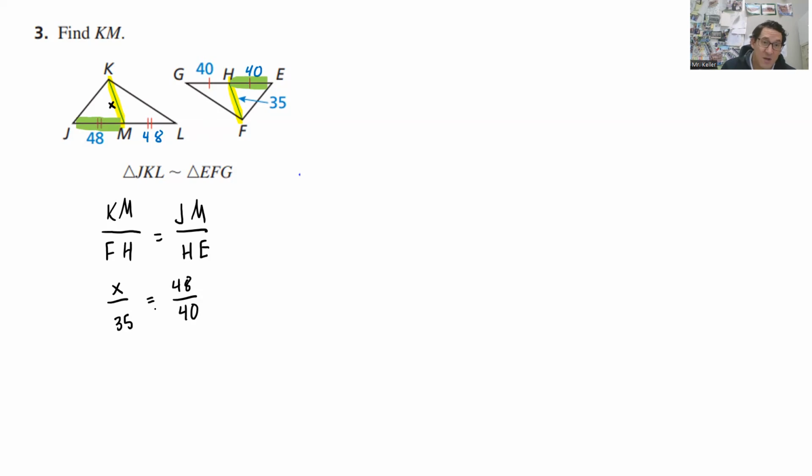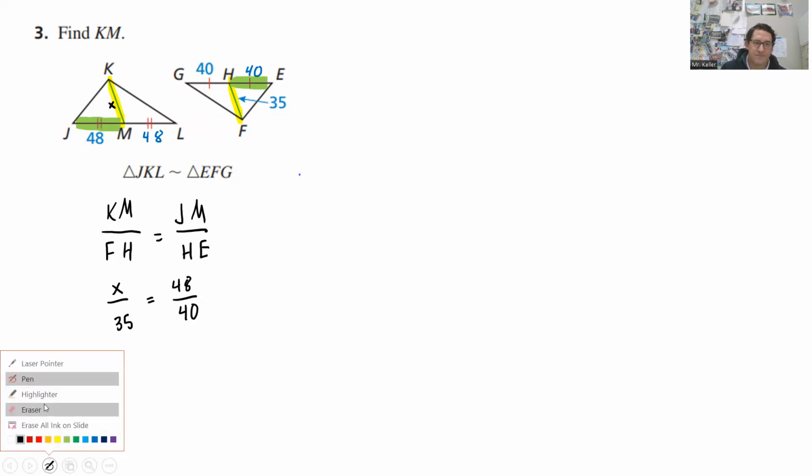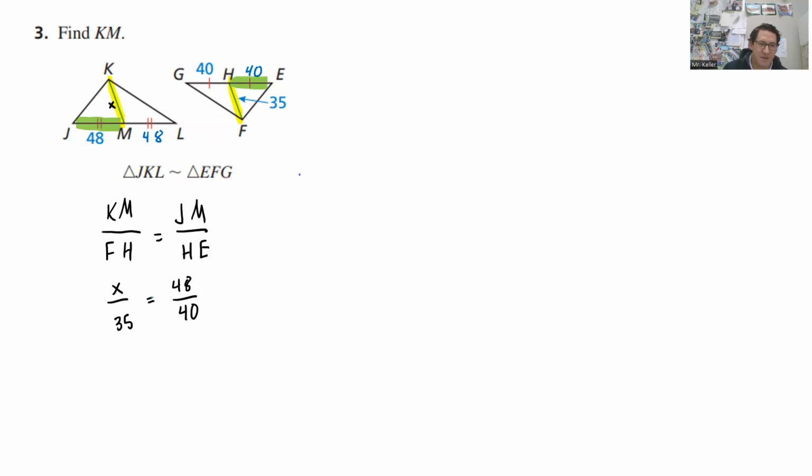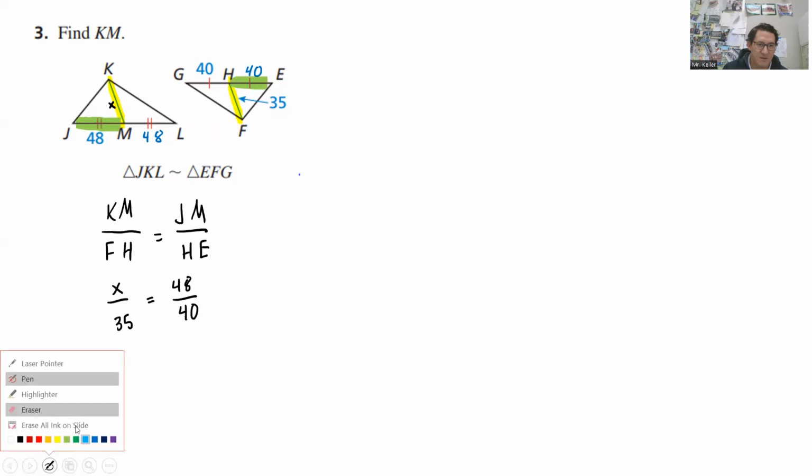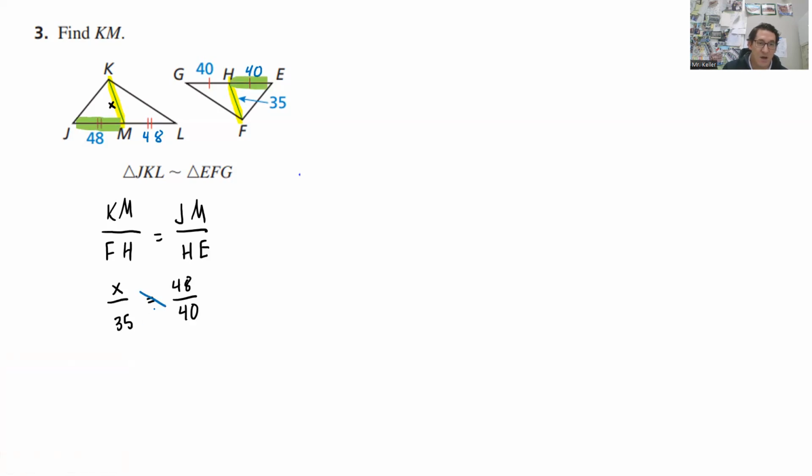Again, you can reduce if you want. No, I'm just going to multiply. We have calculators. Sometimes it's just easier to multiply if you have calculators. So cross multiply here. When I cross multiply, I get 40 times X is equal to 35 times 48.